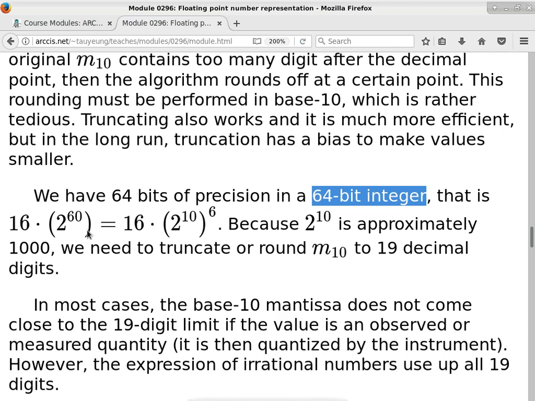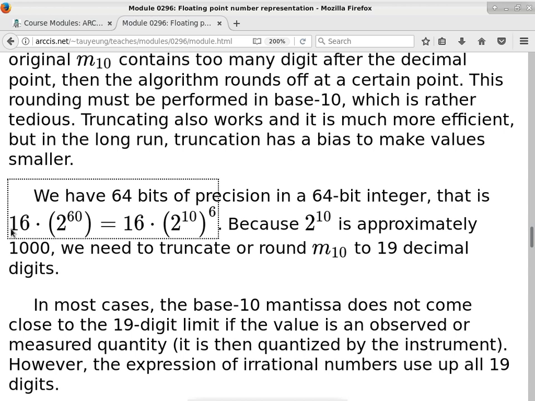But we are interested in how that translates into decimal places. How many decimal digits are we talking about here? So the quick conversion is to look at 2 to the power of 64 as 2 to the power 4 times 2 to the power of 60, okay? So I'm just dividing into two chunks. One is the multiple of 10, and the other chunk is whatever is left over.